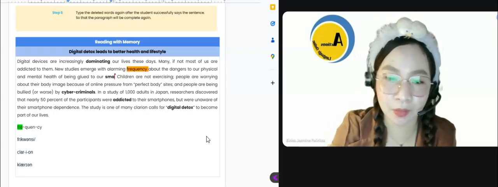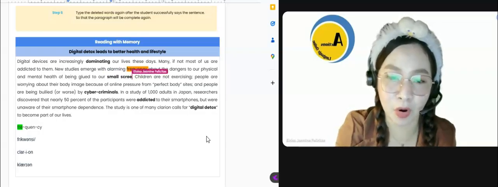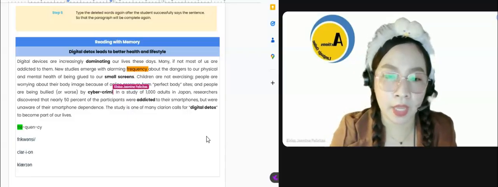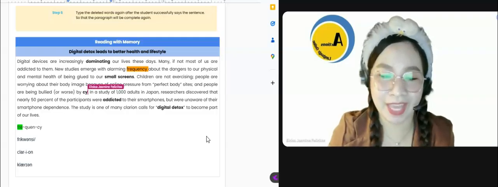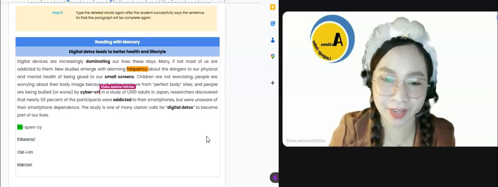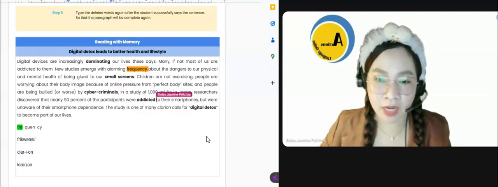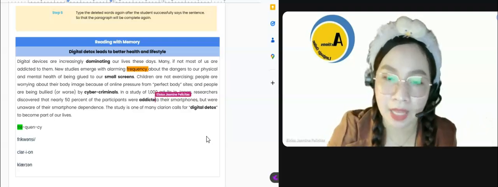What is the second word right here? Oh, yeah, you got it. It's small screens. Okay, how about this one? What is the word? Oh, yeah, that's correct. It's cyber criminals. All right. Then we're down to the fourth word. What's the word here?